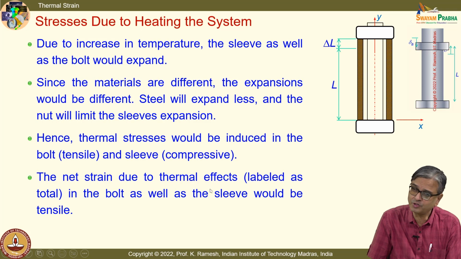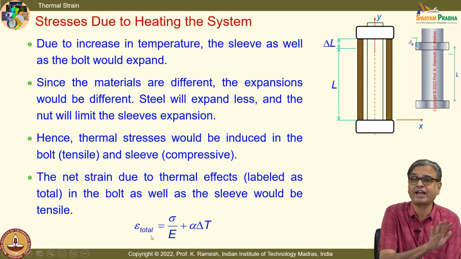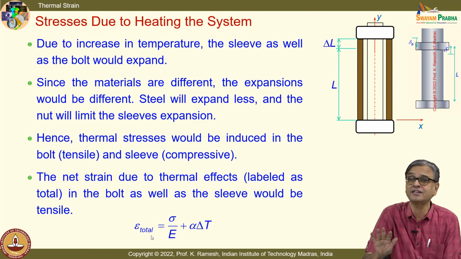And in the subsequent discussion, we will put the net strain due to thermal effects labeled as total in the bolt as well as the sleeve. And you write the expression completely. When we look at the stress strain temperature relation, write it completely.